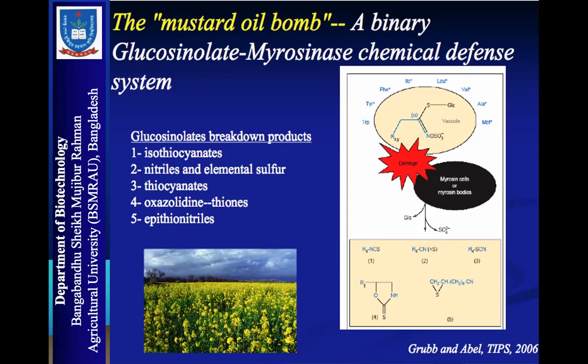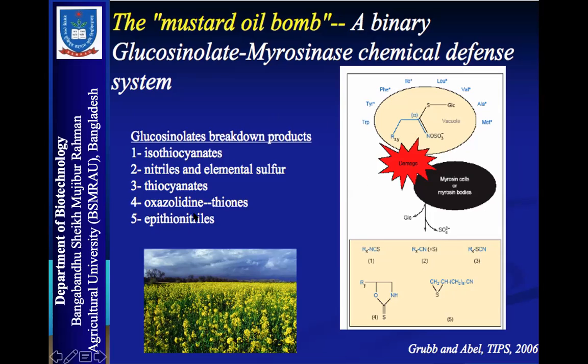When mustard plants are affected by insects or other herbivores, myrosinase comes in contact with the glucosinolates, and the breakdown products I mentioned, these five, are toxic compounds for the herbivore.